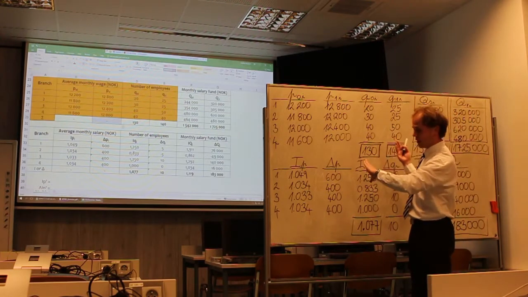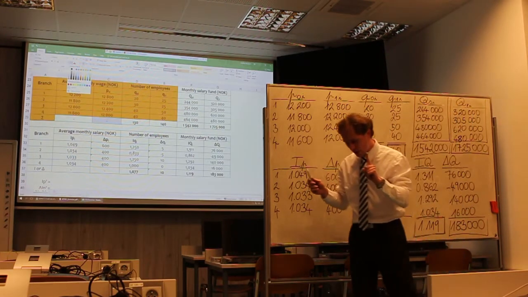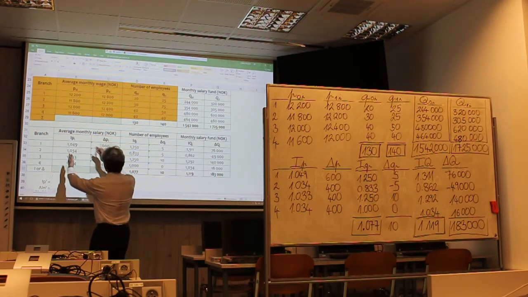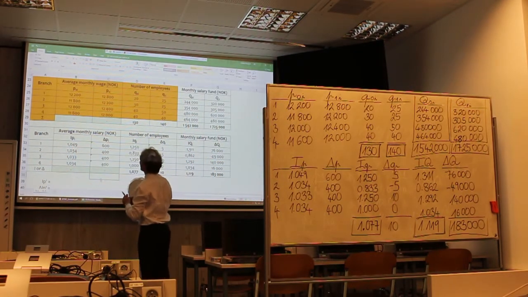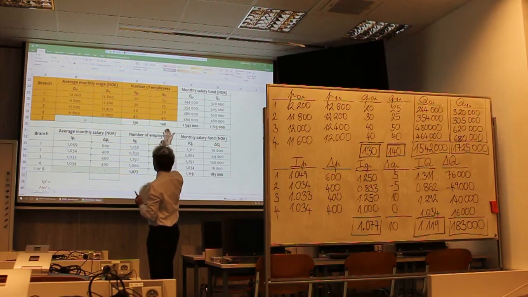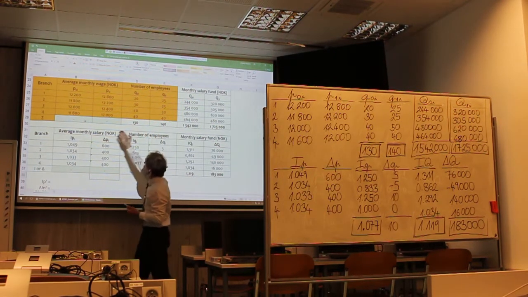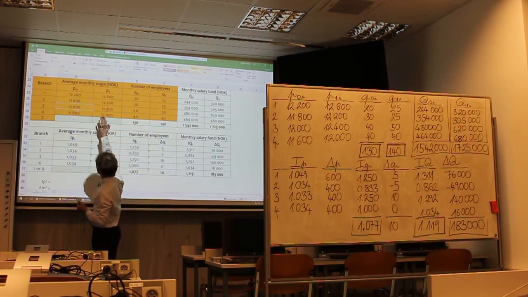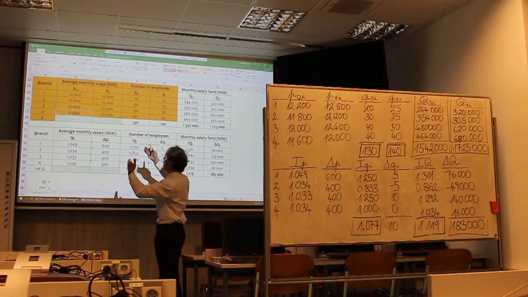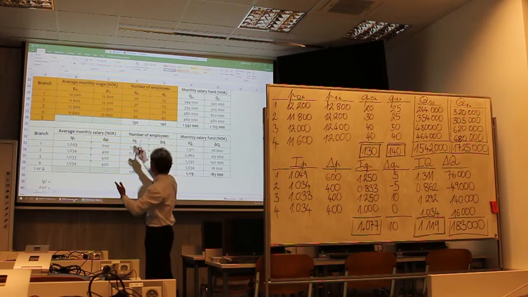Okay, and what about wages? Yes, what about salaries? Average monthly salaries. If you check the orange table, we cannot calculate summation for these wages. It will not be possible to interpret the values.